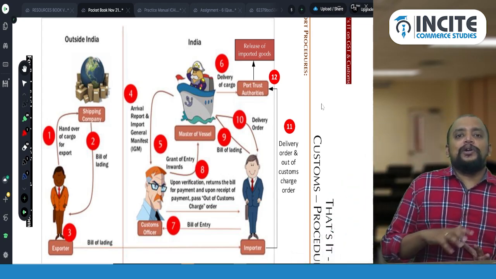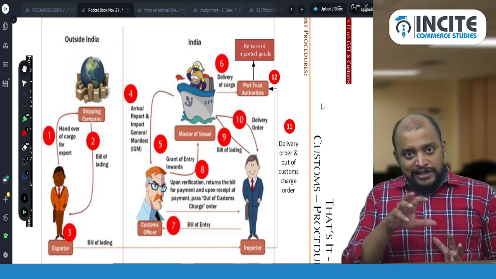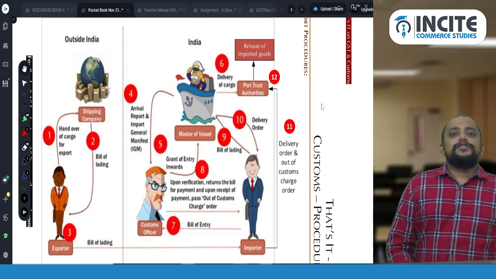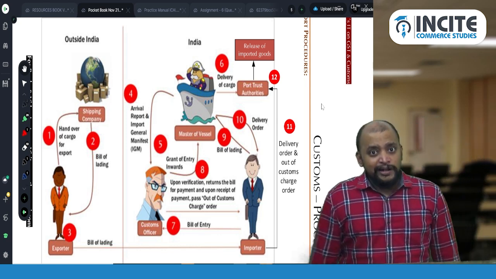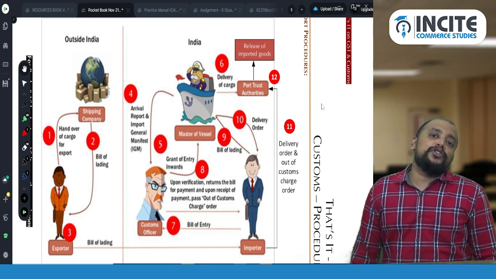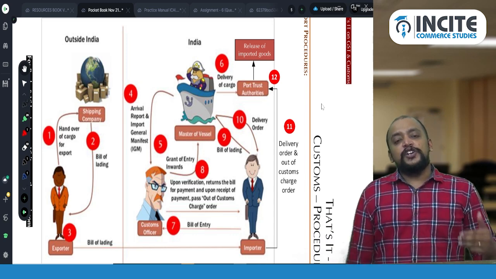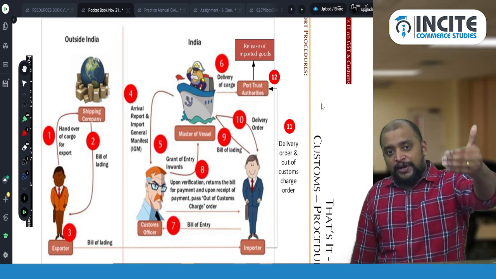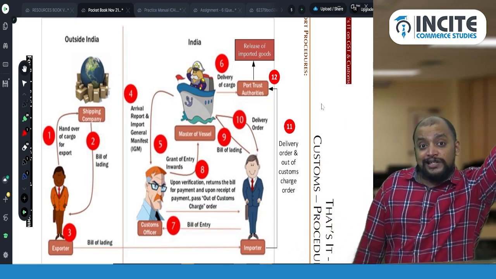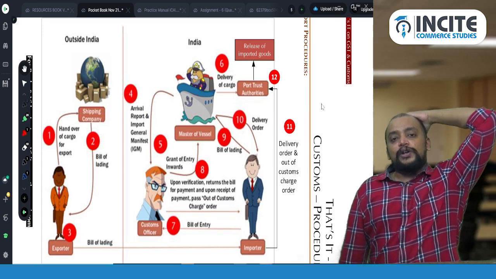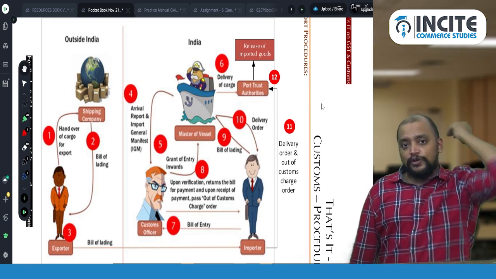Between these people the import procedure will rotate. The person in charge will come into the picture only when the goods are handed over by the exporter to the shipping company. Where the exporter is located outside India, he will hand over the goods to the shipping company for export to India.